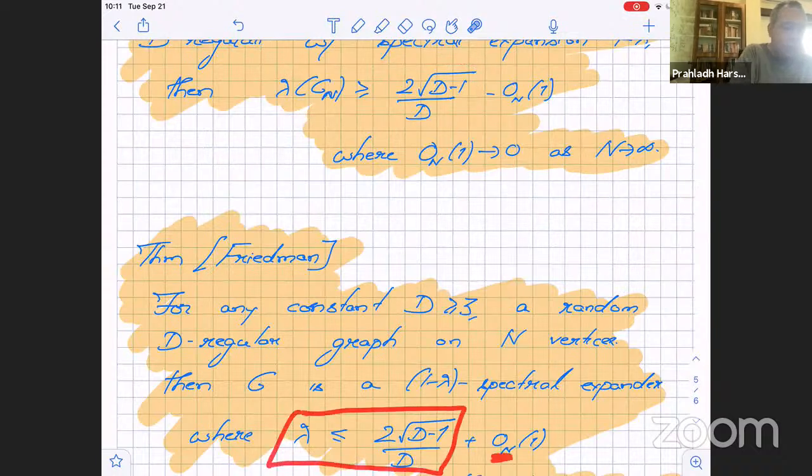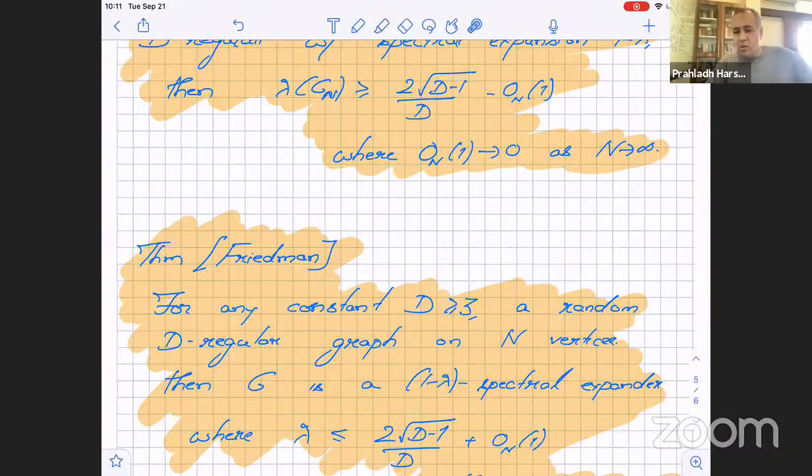Of course, there's a small o(1) term over there. As long as you ignore that, a random graph almost satisfies the Alon-Boppana bound. So Alon-Boppana says you cannot do better than this, and Friedman's result says that if you pick a random graph, you almost get what Alon-Boppana guarantees.